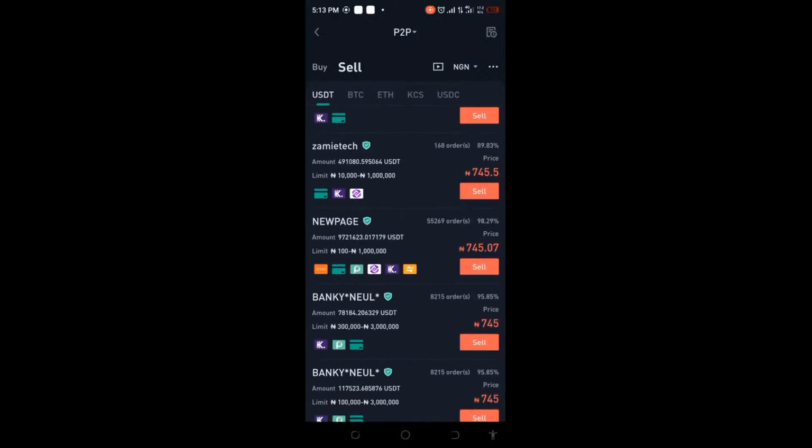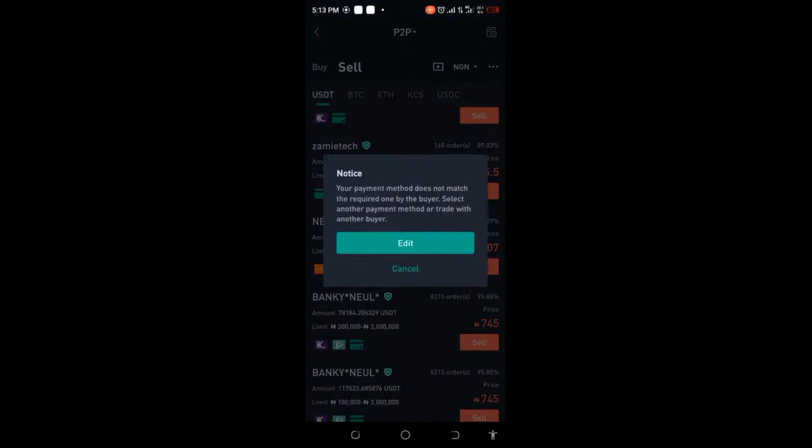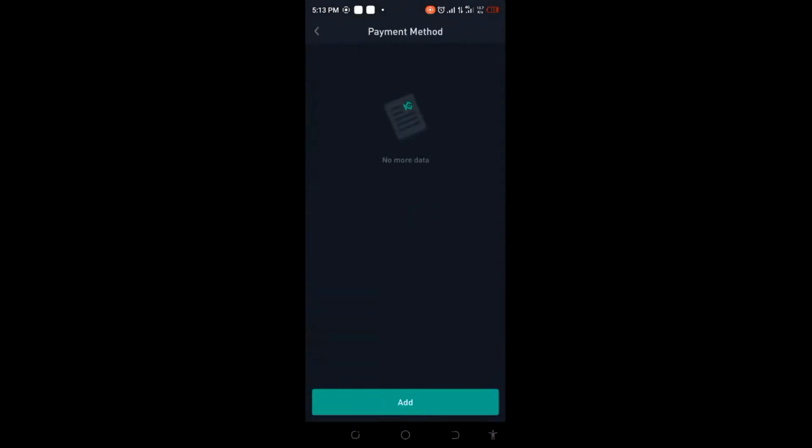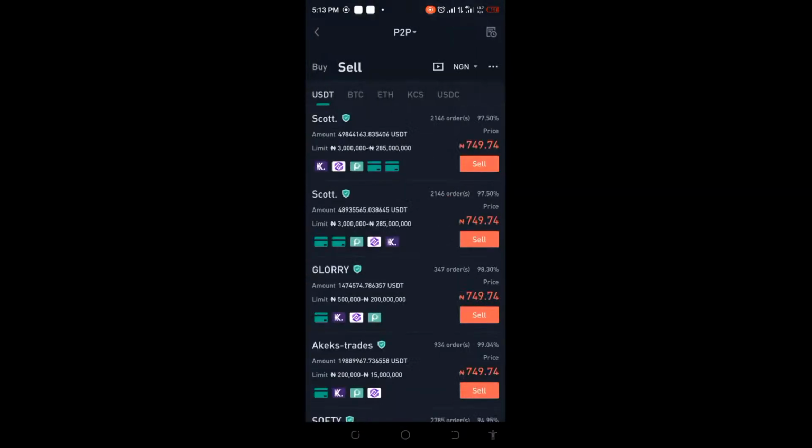Let's just check on this one and see whether there's a potential. It said your payment method does not match the required one by the buyer. Okay, so we have to set up all of this. We can actually edit and put in all the details, but I'm not going to go through all of this. I'm just showing you that we can actually withdraw our money even from P2P, right?